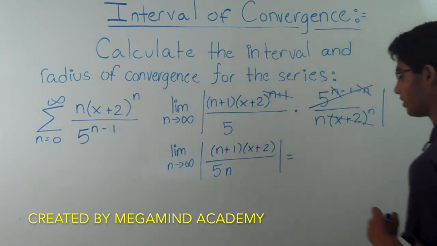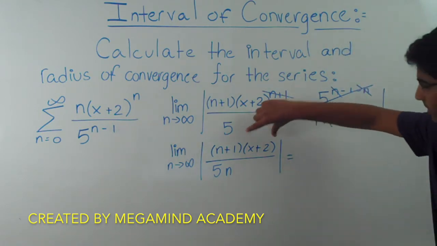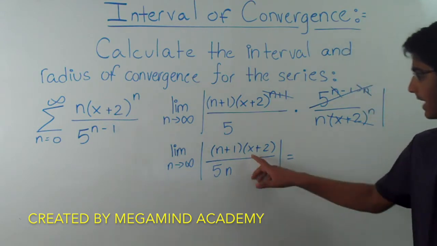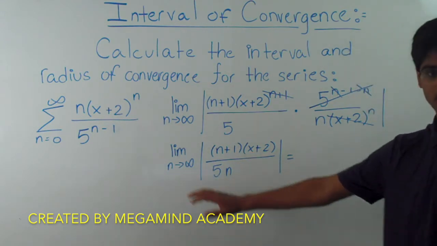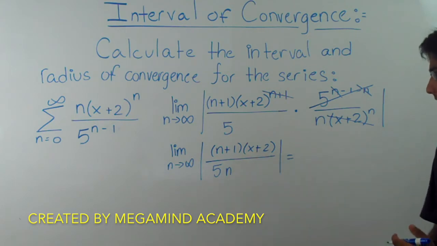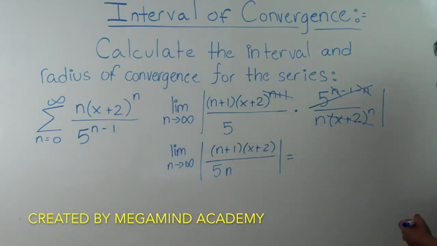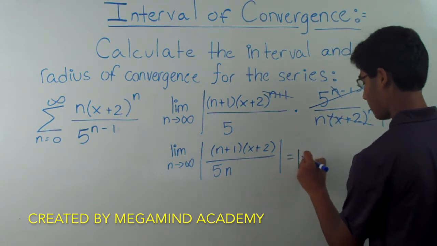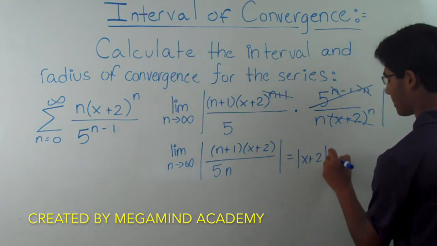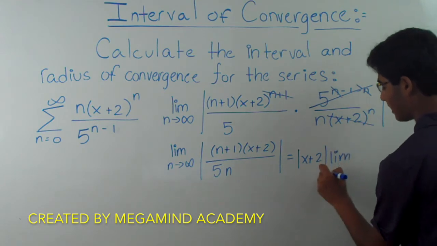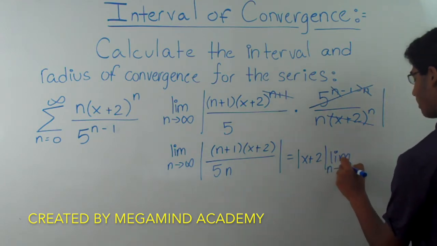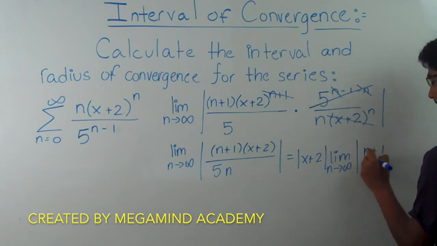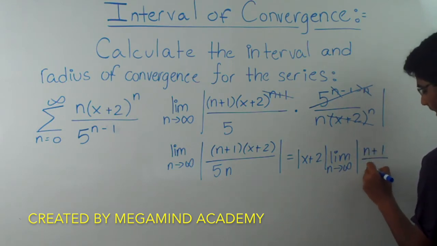which is equal to, so because this x plus 2 would be a constant if we just plugged in one value for x, because x isn't the thing that's increasing or decreasing, x isn't a variable in this case. Because it's a constant, we can pull it outside of the limit. So this would be the absolute value of x plus 2 times the limit as n approaches infinity of n plus 1 over 5n.